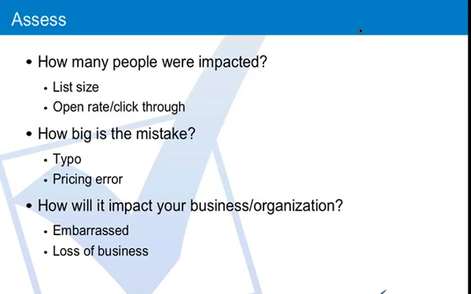So it's important to know that if the mistake isn't a big one, you probably don't want to send out a follow-up email because you risk alienating people on your mailing list because you have a typo in your email. Typos happen.